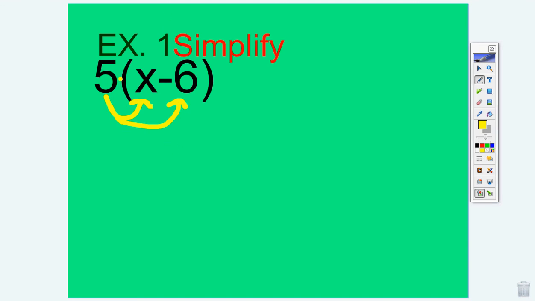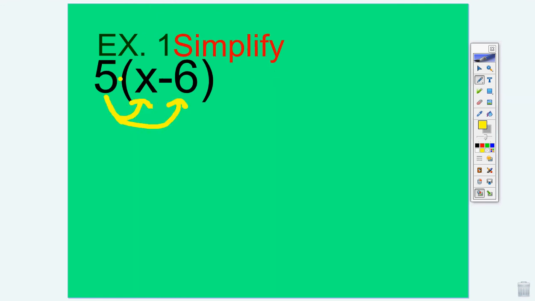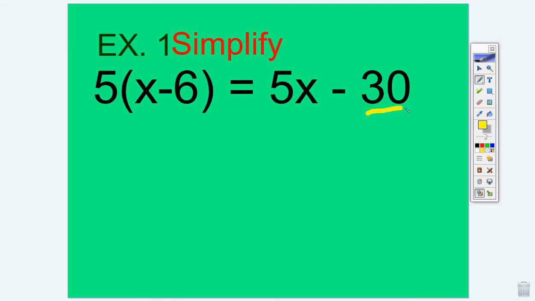So I have 5 times x and then 5 times 6. So I'm going to have 5x, and like I said, 5 times 6, that's going to equal the 30 here. That's simplified now. That's using the distributive property. All right, people forget to do that second step all the way through.